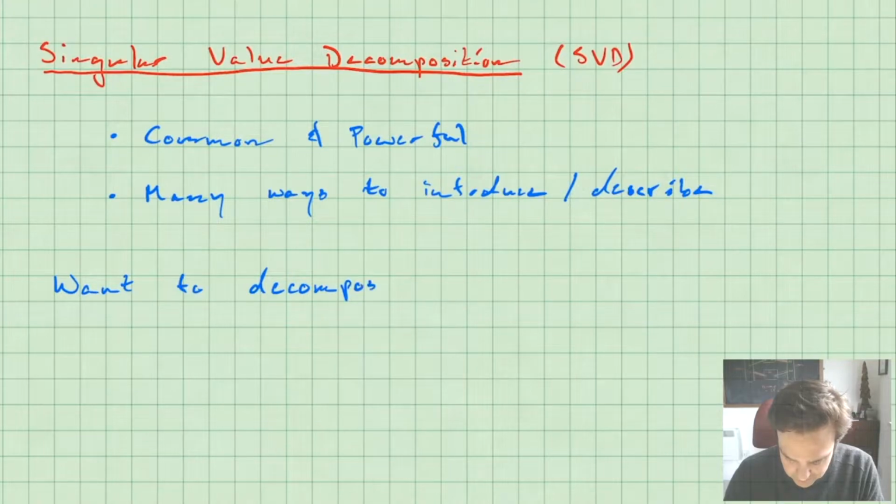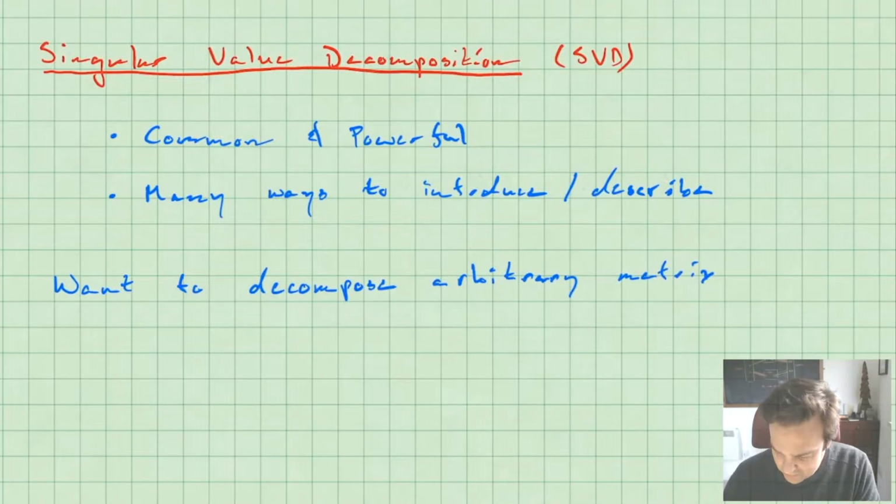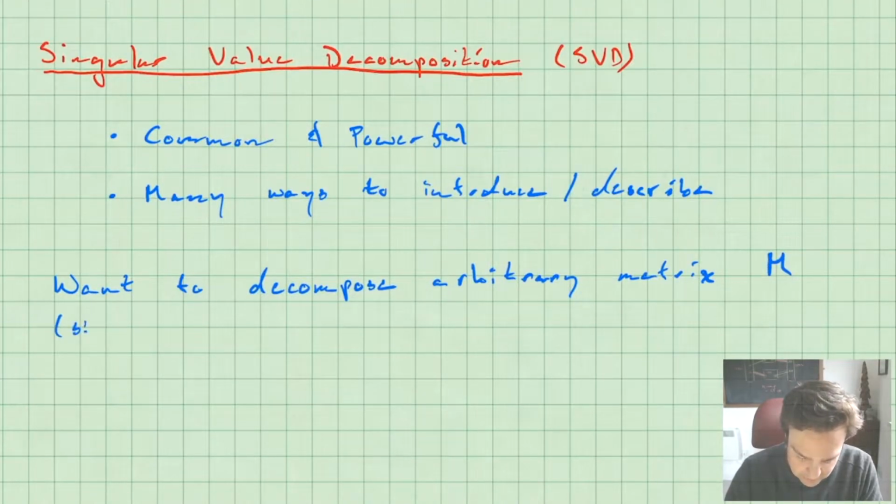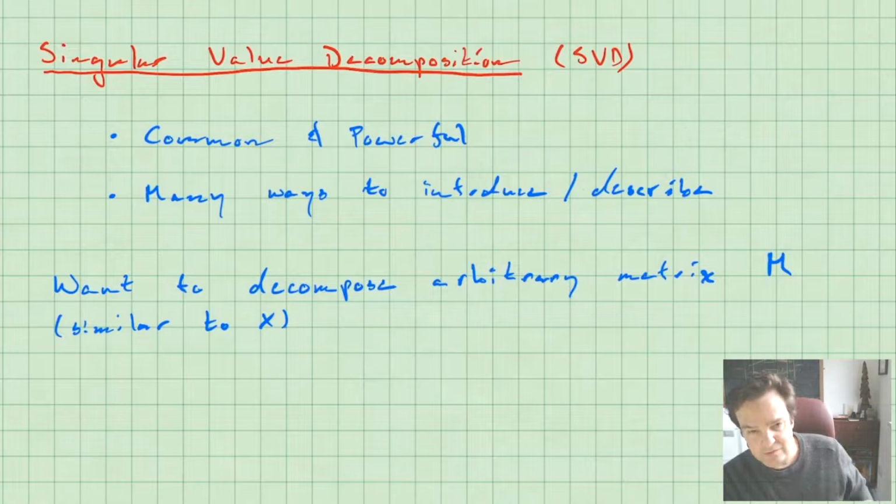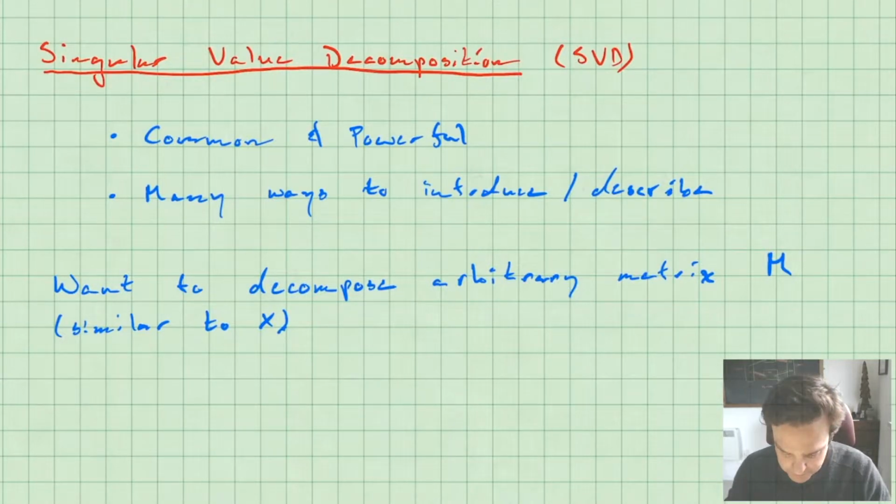So decompose an arbitrary matrix, which for us, you want to think of as like our X matrix, but we're going to call this M, so similar to X. And at the end of this, we'll discuss how you apply this to principal component analysis. We'll do that at the very end of the lecture.